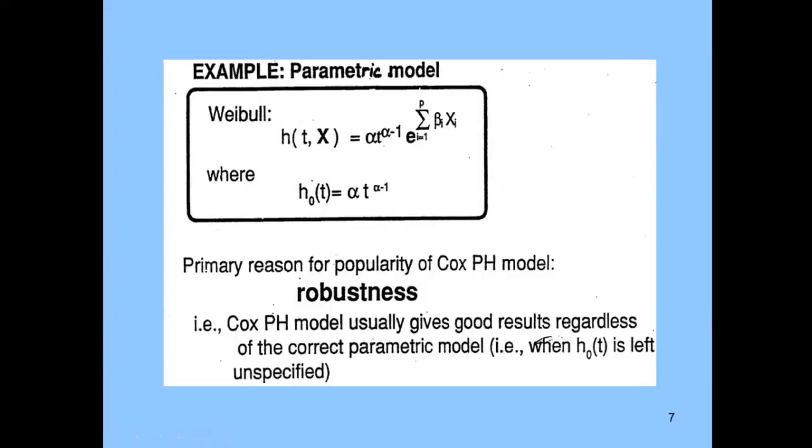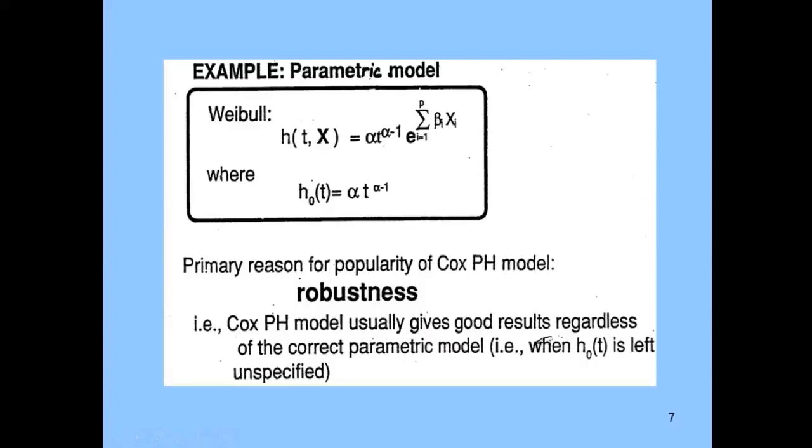So then the question is, okay, well, we can have parametric models and non-parametric. Which one do we want to use? Well, it turns out the Cox proportional hazard model is very popular because it has this property of robustness. What that essentially means is that it usually gives good results regardless of what the correct parametric model is.